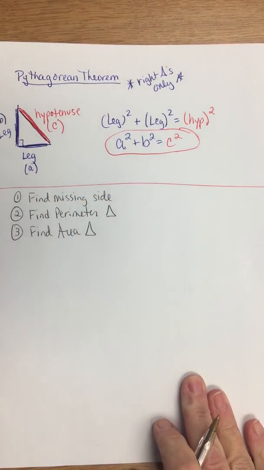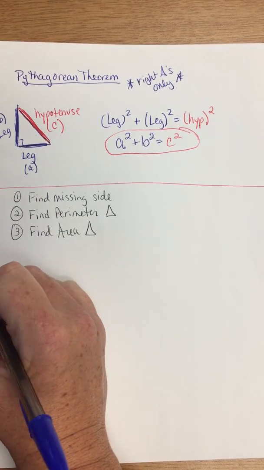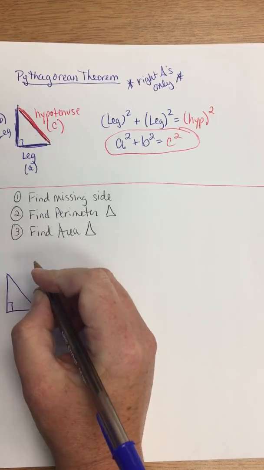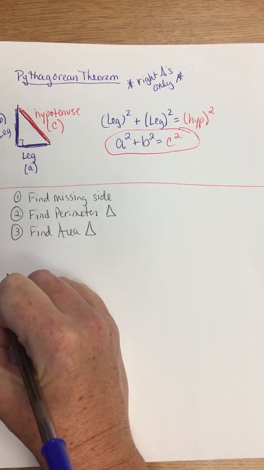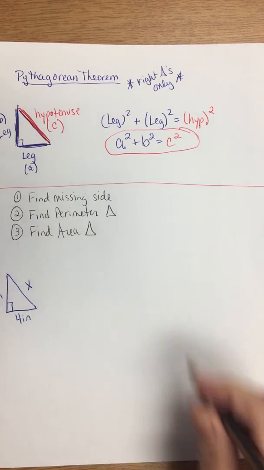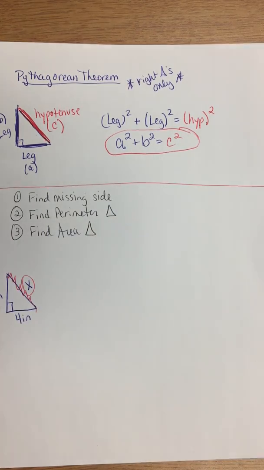Okay? So, our first example, your example one, you're given a triangle. It's a right triangle. The sides are 3 inches, 4 inches, and you need to find the hypotenuse. Notice X is my hypotenuse. I use the Pythagorean theorem to solve for it.